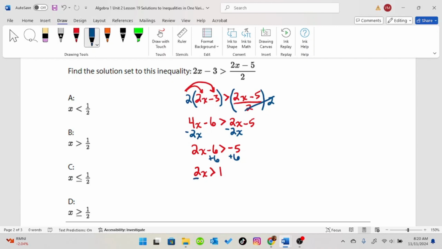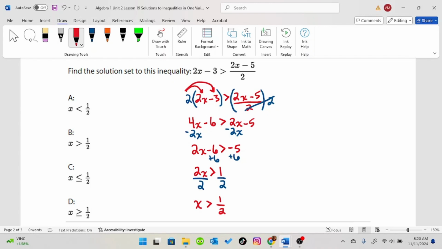The opposite of multiplying by 2 is dividing by 2. So we're going to do that to both sides to keep it equal. And this gives us our answer, x is greater than 1/2.